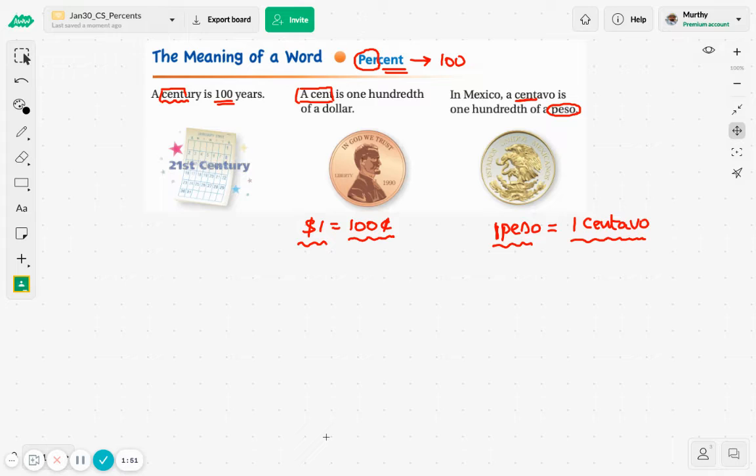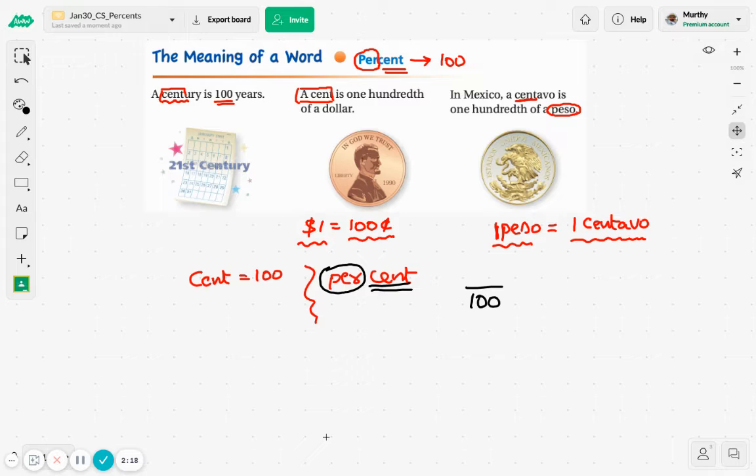So the bottom line is here: cent means 100. So when they say per cent, if you read this one separately as per and cent, it means out of 100.